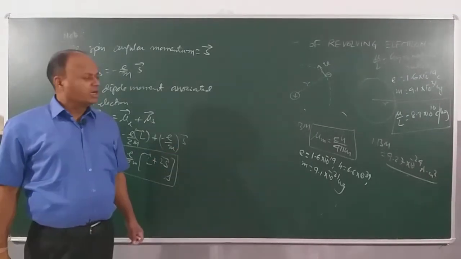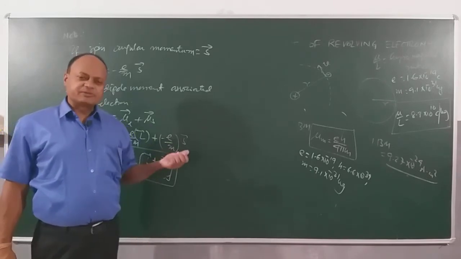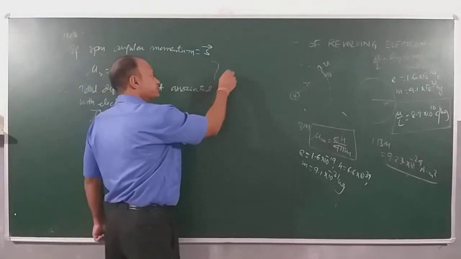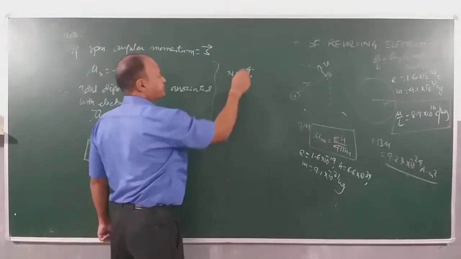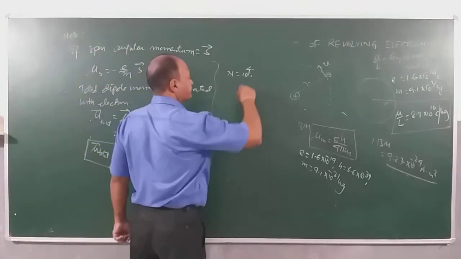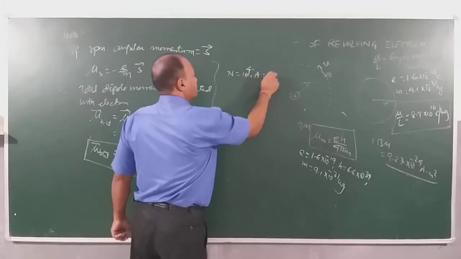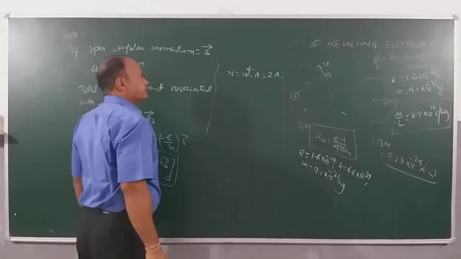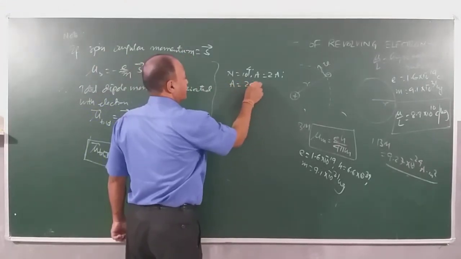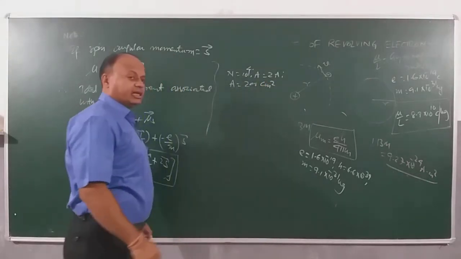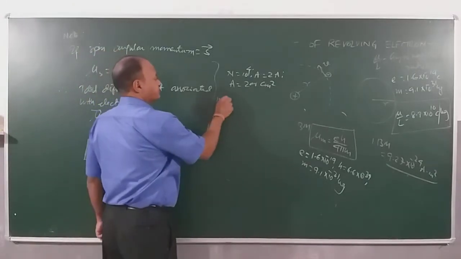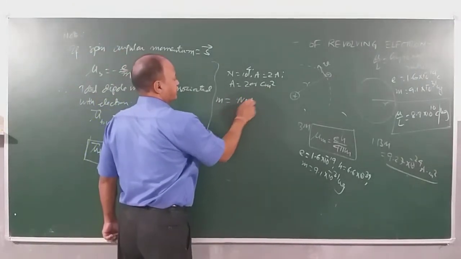Okay. Now children, we will be seeing some sample problems. For example, suppose I give you a loop having 10,000 turns, current 2 ampere, and area 200 centimeter square. And they ask you, what is its magnetic dipole moment? So you can just use m is equal to NIA, right?